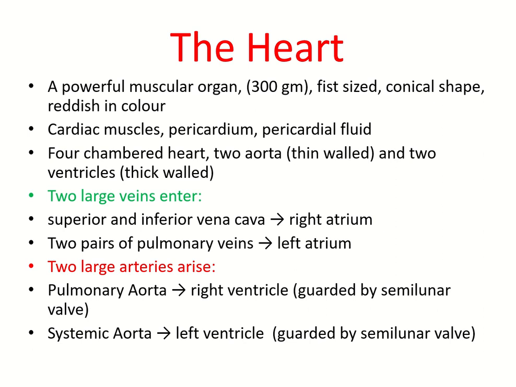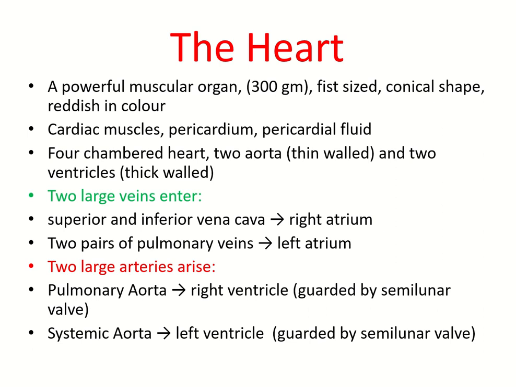Well, all of the deoxygenated blood enters the heart by means of two major veins called the superior and inferior vena cava into the right atrium, while two pairs of pulmonary veins carry oxygenated blood into the left atrium. Two large arteries are found within our body.